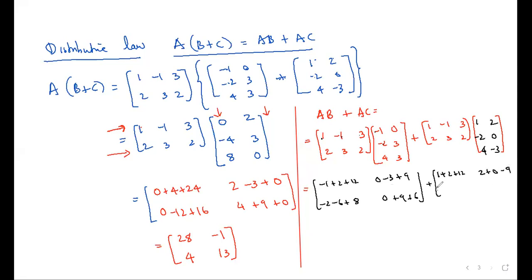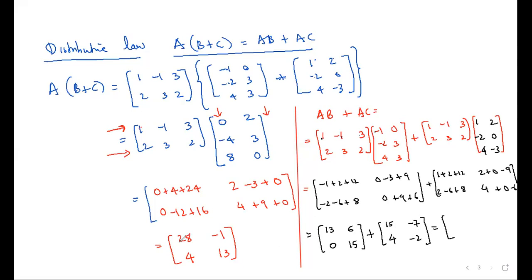Then 2 minus 6 plus 8. Then 4 plus 0 minus 6. That became 13, 6, 0, 15. Plus 15, minus 7, 10 minus 6, 4, minus 2.